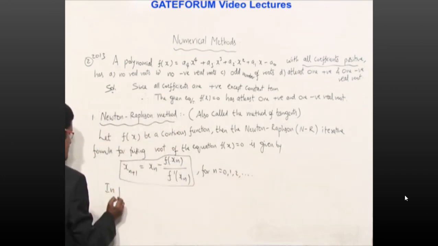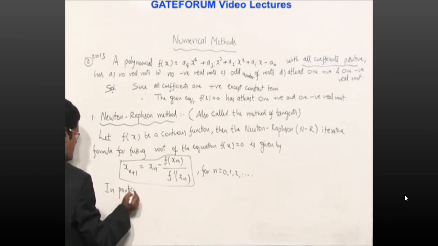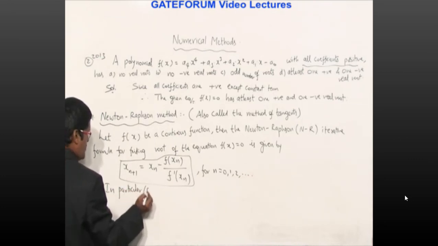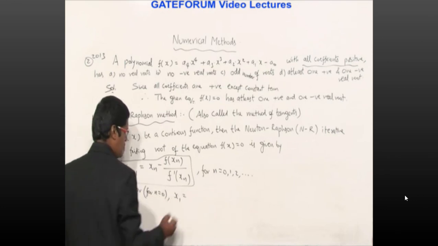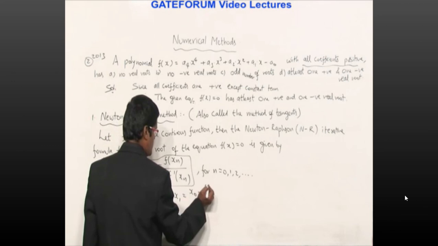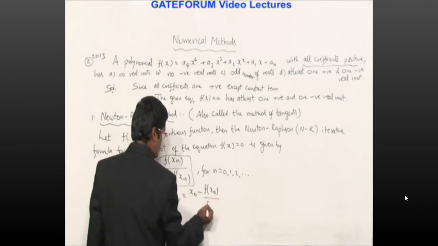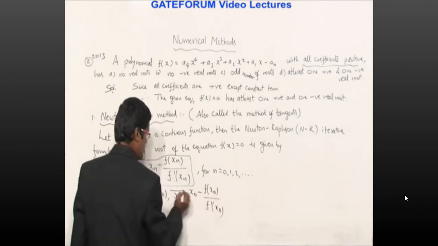In particular, for n = 0, x1 = x naught minus f of x naught divided by f dash x naught.